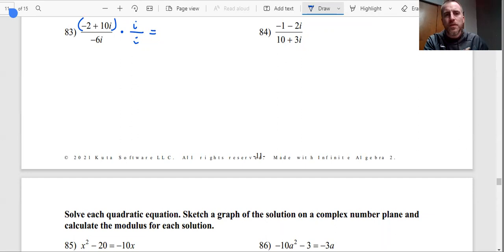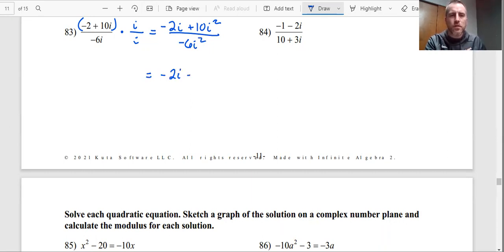So it's negative 2i plus 10i squared, all divided by negative 6i squared. So we've got a lot of i squareds that we can simplify. Negative 2i, 10i squared, i squared is negative 1, so that becomes minus 10 over a positive 6. So the i squareds are just changing the sign of whatever number they're with.